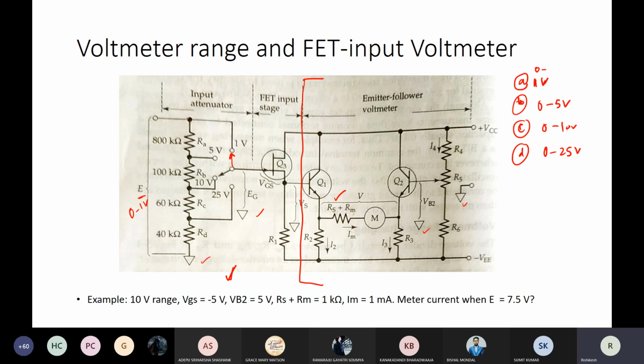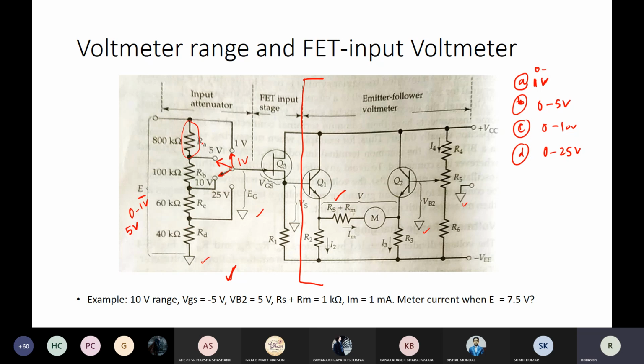So the entire voltage will appear across this. When you are applying a maximum voltage of 5 volts and choose this switch, the extra voltage is dropping across this resistance, and whatever will come here is 1 volt only. And when you connect it here, the extra voltage is dropping across the series combination of this.